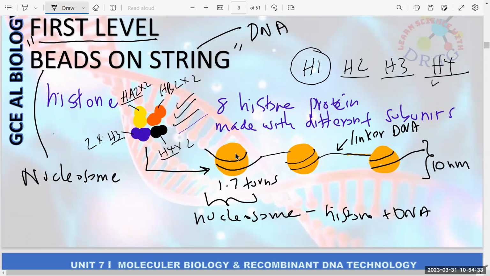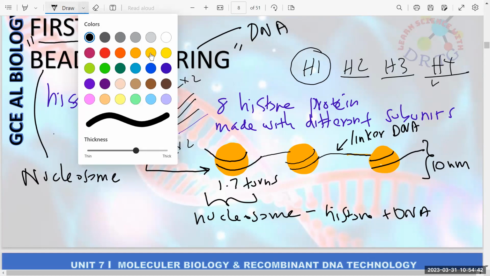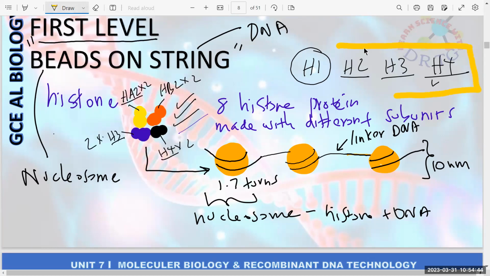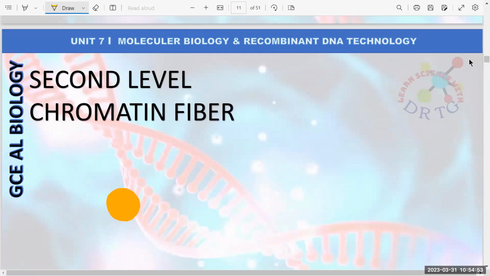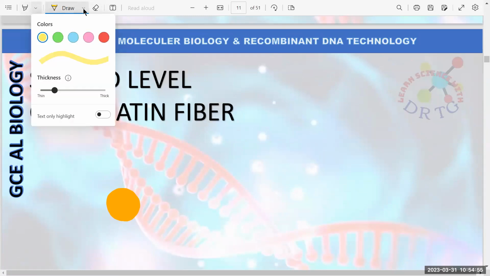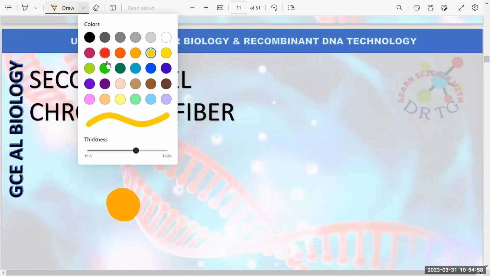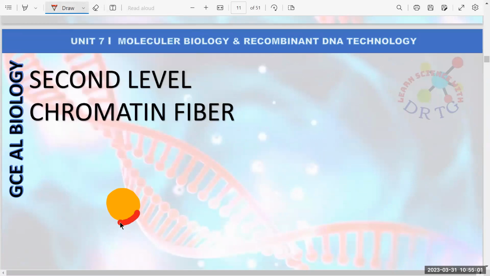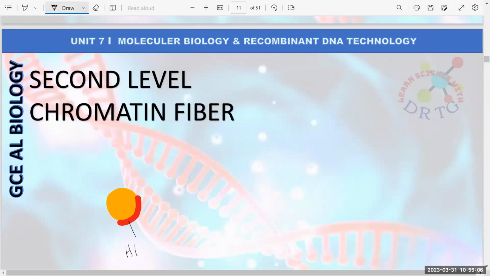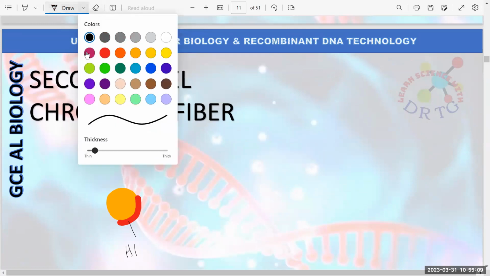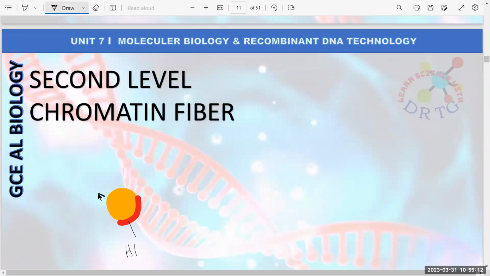Now H1 is coming to the second level. So first level, we have H2, H3, and H4 histone protein. Now H1 is coming to the second organization, second level. So I'm going to draw now H1. So let's say this may be the H1. Now DNA molecule again going like this.